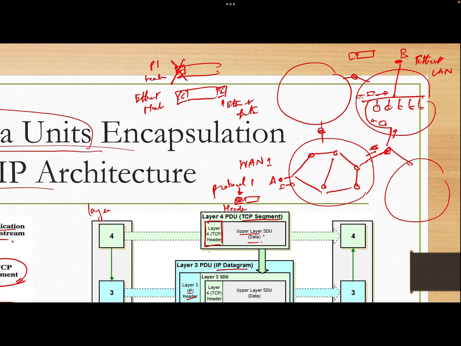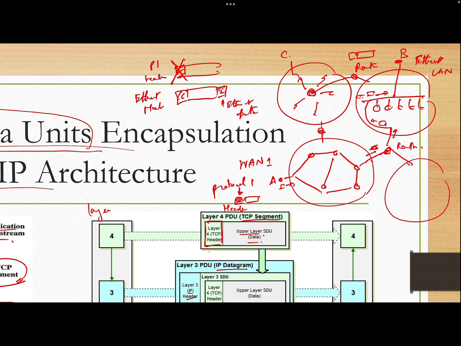Now suppose you want to send to C, and C is here, and suppose C uses a star, maybe wireless. So this is a router.